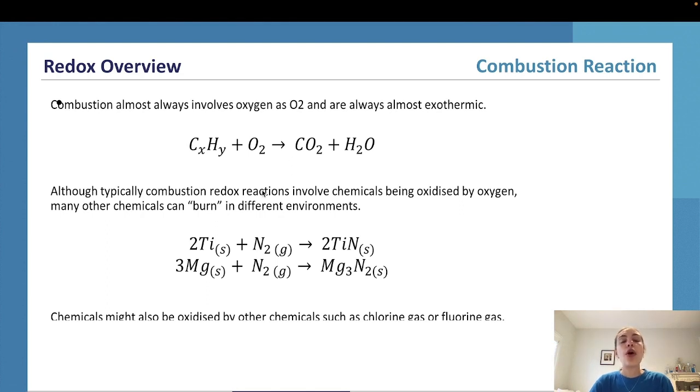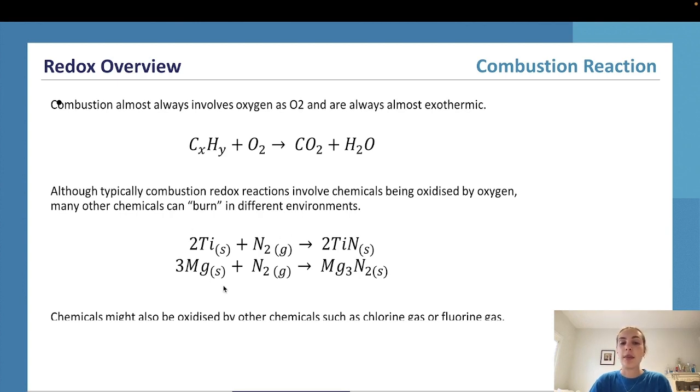Although I did say that typically a combustion reaction is going to involve a chemical that is oxidized by oxygen, many other chemicals can burn in different environments, like nitrogen gas, chlorine gas, fluorine gas, but typically it's going to be oxygen, and that's the one which you look at throughout grade 12 and unit 3 and 4.